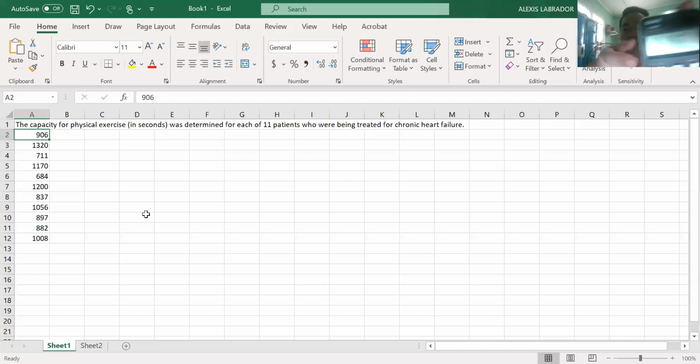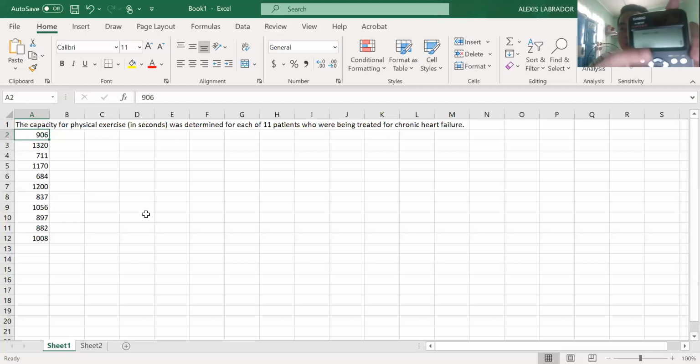Then actually, this calculator can also give us, kung tinatamad kang rearrange ng data, although this is very easy to rearrange, ibibigay din niya yung median. Nandyan yung median, yung word na med. Tapos madali na rin ma-compute yung range kasi naka-input dito yung minimum value as well as yung maximum value.